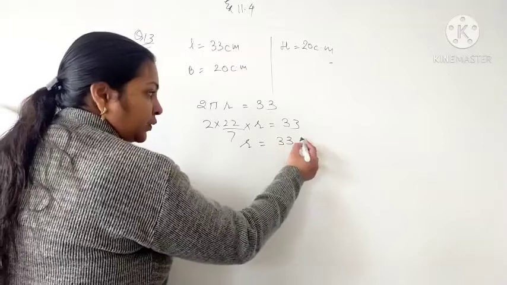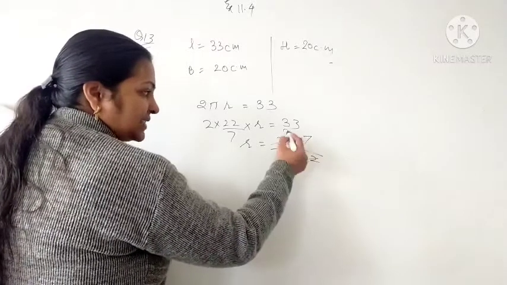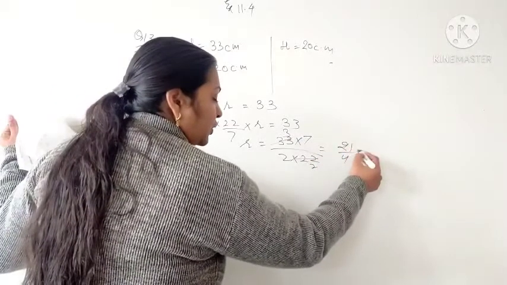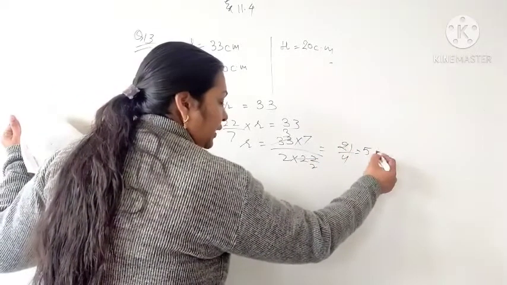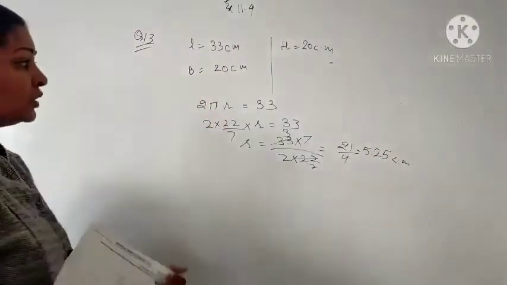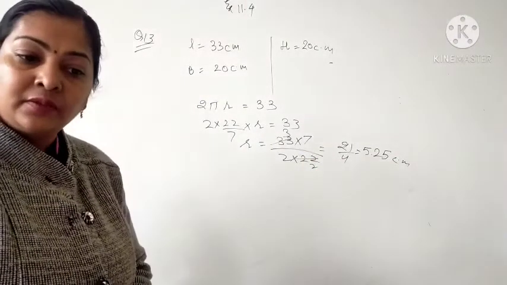So radius will be equal to 33 into 7 upon 2 into 22. Cancel it. 3, 2. 21 by 4. It will be equal to 5.25 centimeter. So this is the radius of the given figure.